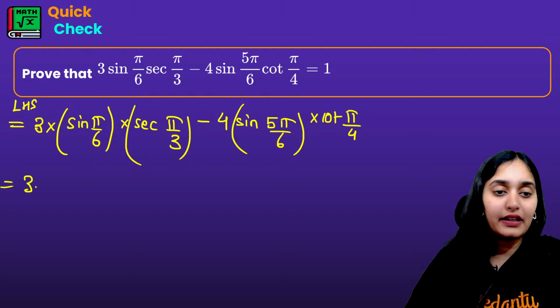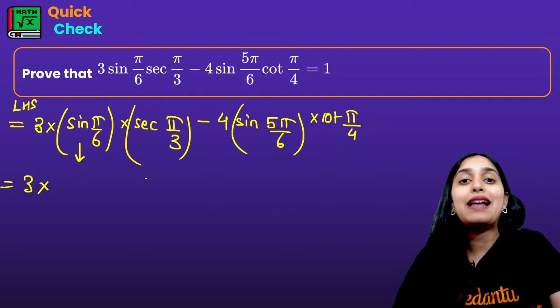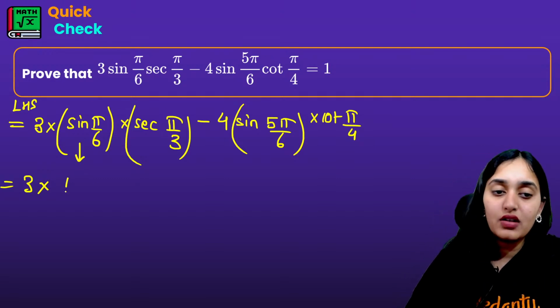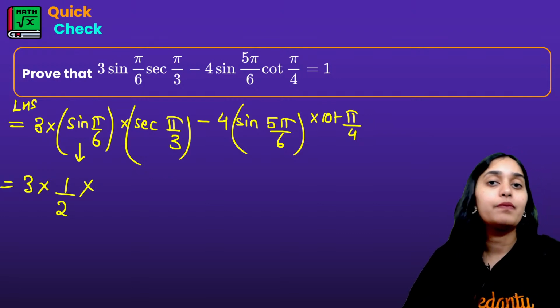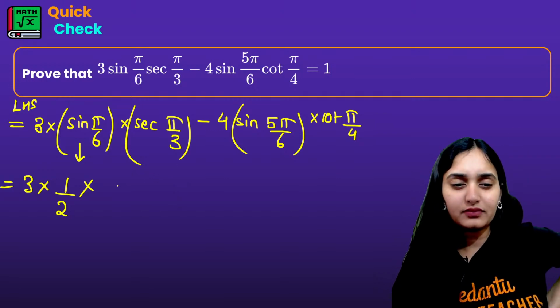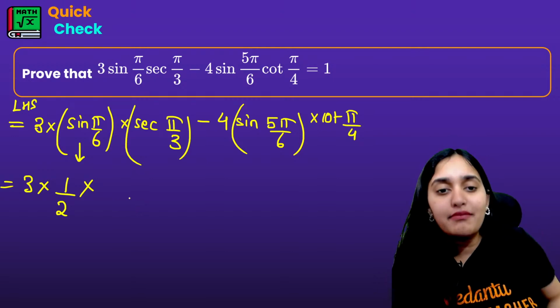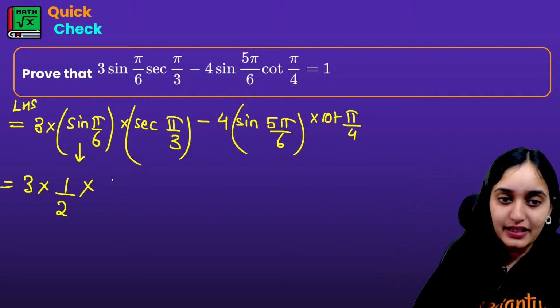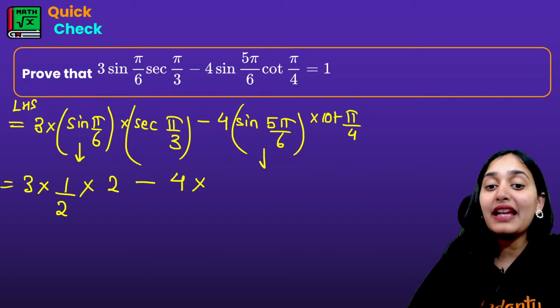Let me solve it. 3 into, what is sine pi by 6? Sine 30 degree. How much? 1 by 2. Secant pi by 3, secant 60 degrees. How much? Cos 60 degree is 1 by 2. So secant 60 degrees is 2, minus 4 into sine 5 pi by 6.